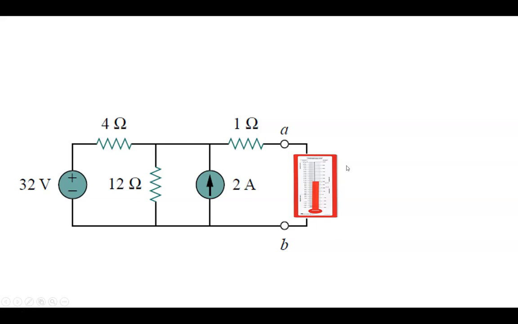Now imagine doing a nodal analysis, and I ask you, hey, guys, tell me what is the current going through this 4 ohm resistor. What is the current passing through this 4 ohm resistor? Or maybe I ask you, what's the voltage across this 12 ohm resistor right here?